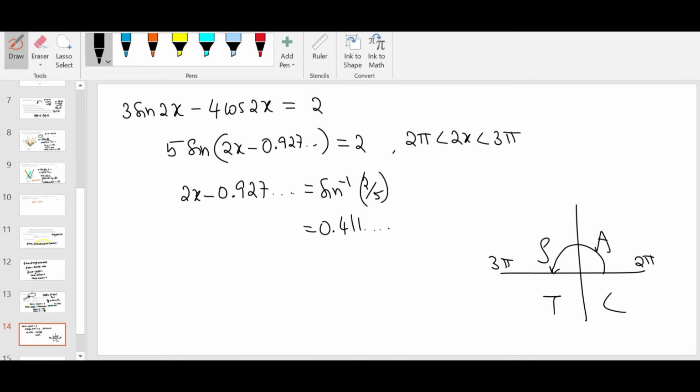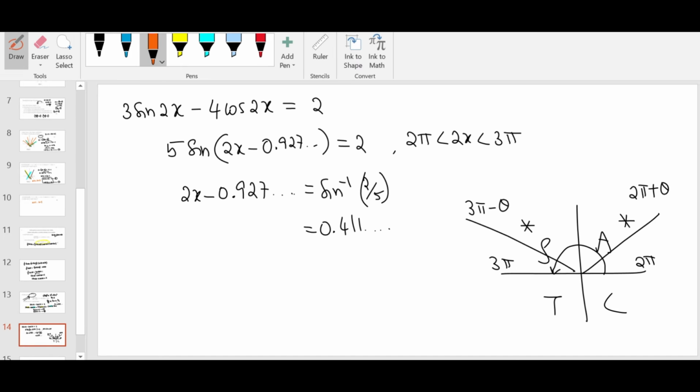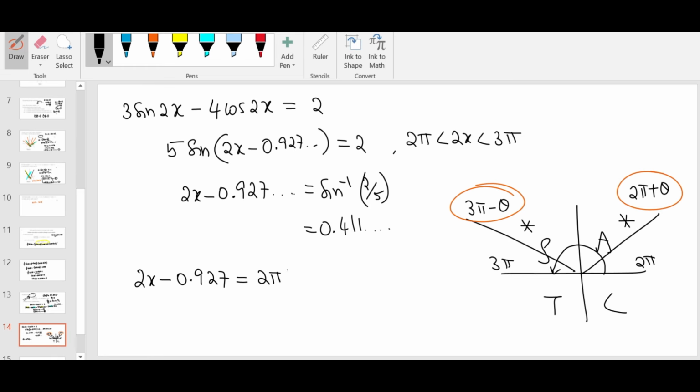And then sine would be positive here and here. So here it's going to be 2 pi plus theta. Here the angle is 3 pi minus theta. So I'm going to calculate these two angles and write it as 2x minus 0.927 is equal to 2 pi plus 0.411 and 3 pi minus 0.411.